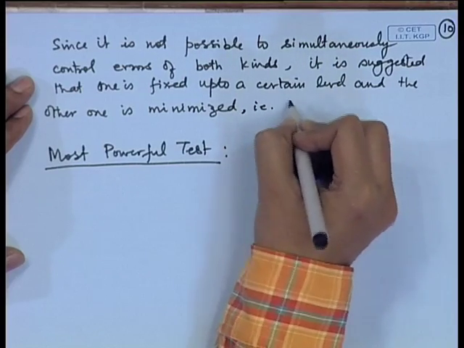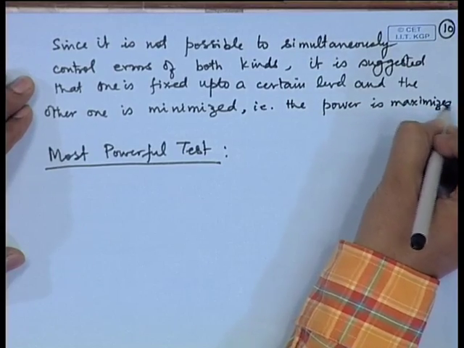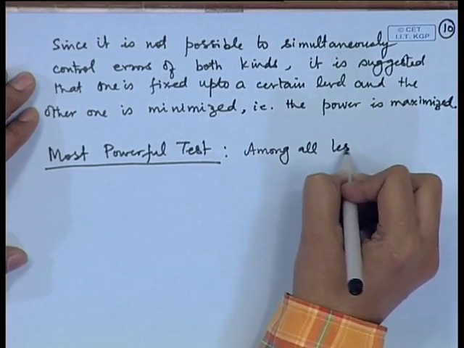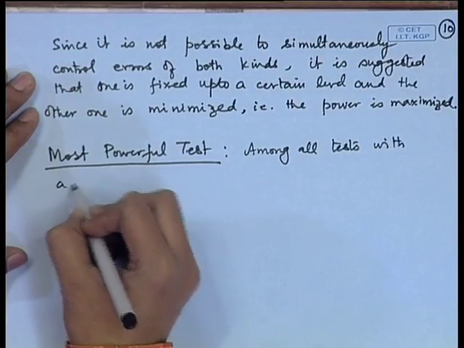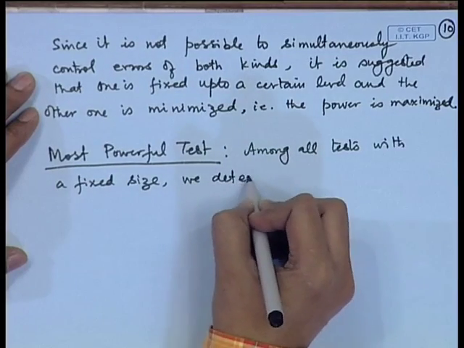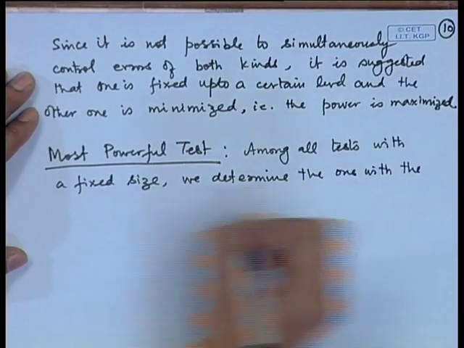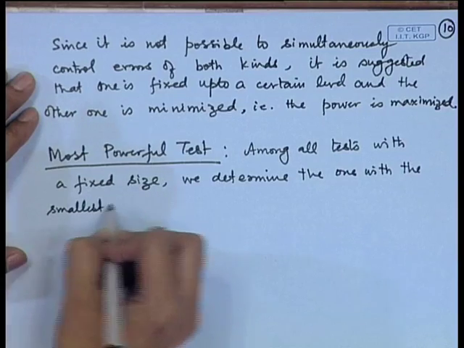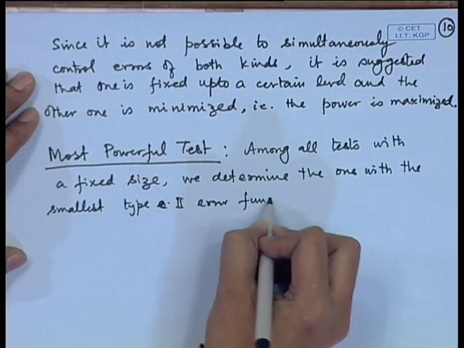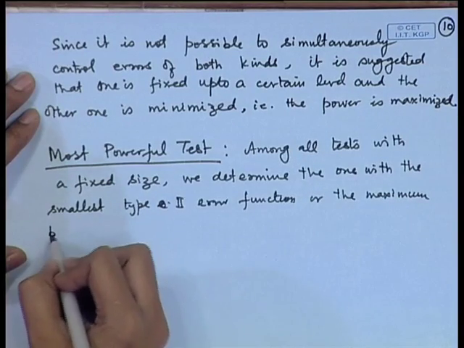That is, the power is maximized. So, the most powerful test is, among all tests with a fixed size, the one we determine with the smallest type 2 error function, or the maximum power function.